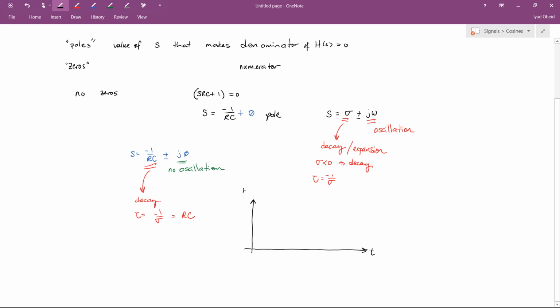So for example, if we look at the impulse response of this system, the impulse response of a first order low pass filter, which I believe we've looked at more than once, is going to look like this.